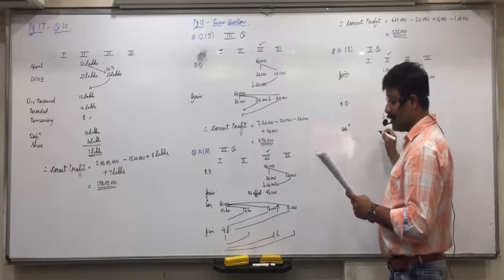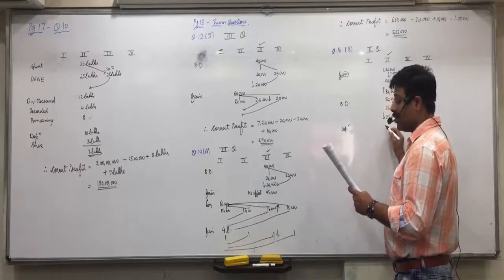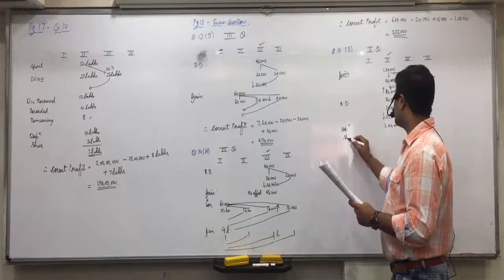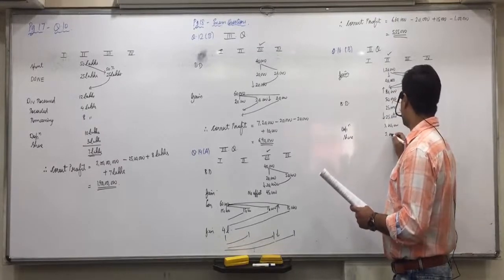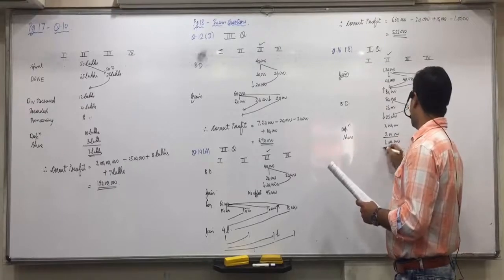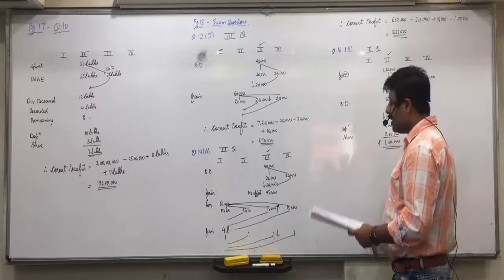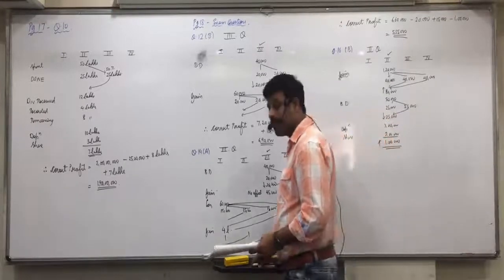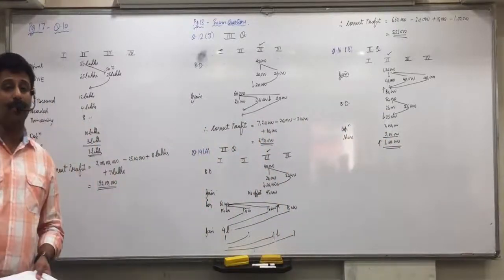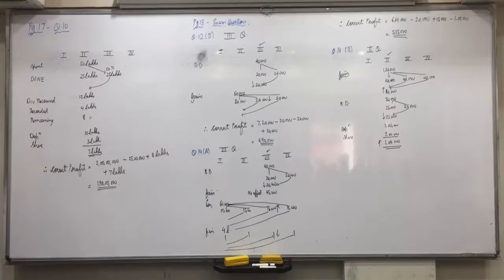See, depreciation in second quarter we have taken 3 lakhs, but share is only 2 lakhs. So how much extra we have taken? 1 lakh. If you remove the depreciation of 1 lakh, what will happen? Profit will increase. Okay, extra we have taken. If you remove the depreciation of 1 lakh, then profit will increase by 1 lakh.